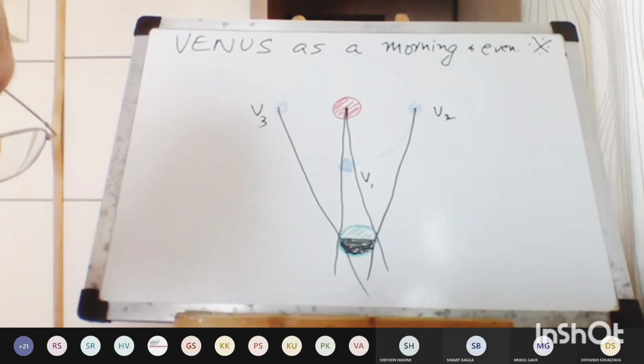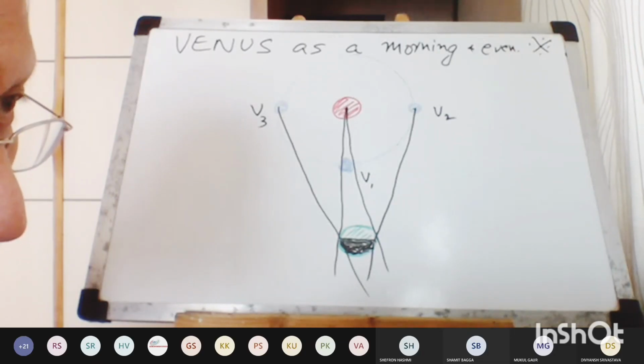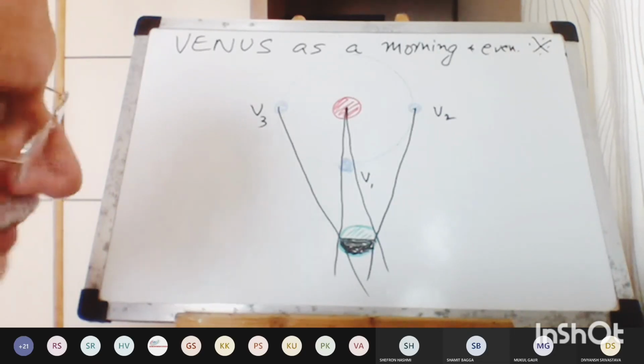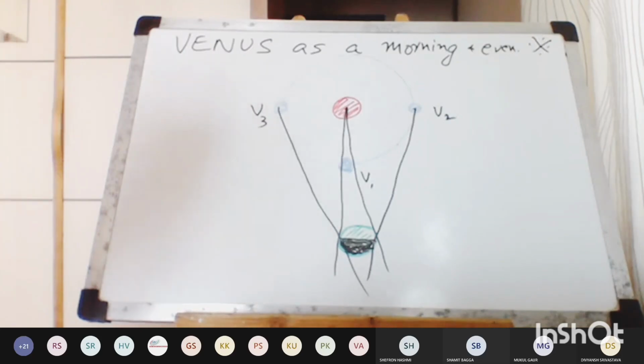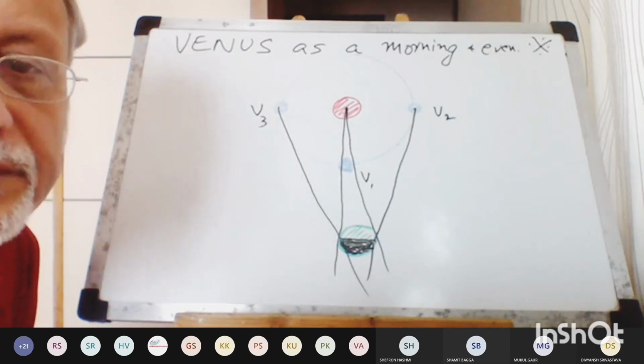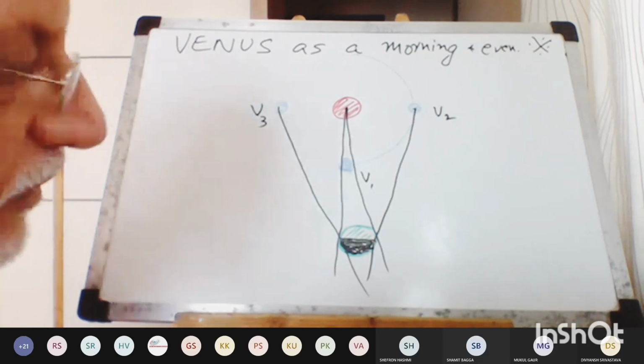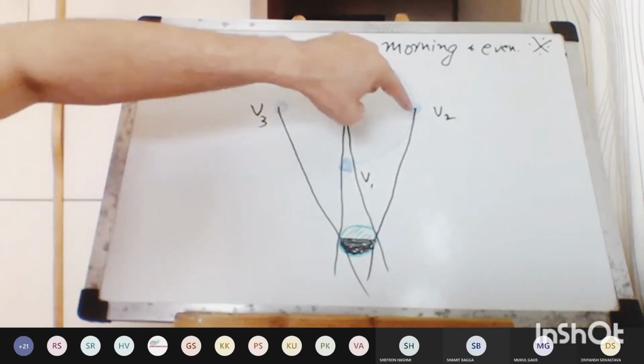So, if Venus is visible at that time, then Venus will rise with the sun and set with the sun. That concept you will understand in a few minutes, what I'm meaning by that. Let us say after a few days, a few weeks, Venus has moved to V2.